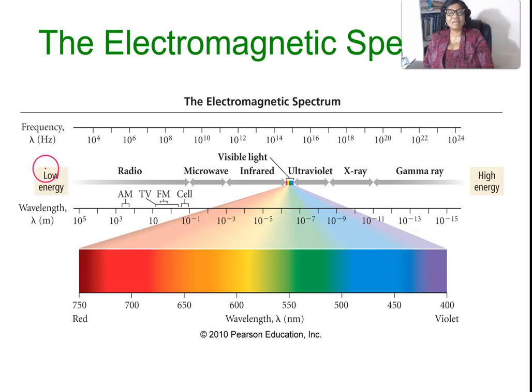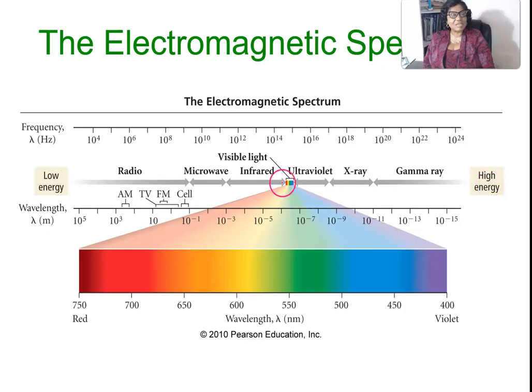And in terms of energy, we have the radio, which is the weakest. Then we have the microwave, then the infrared, then the visible light, then the ultraviolet, the X-ray, then the gamma ray. As you move from left to right, the energy becomes higher.